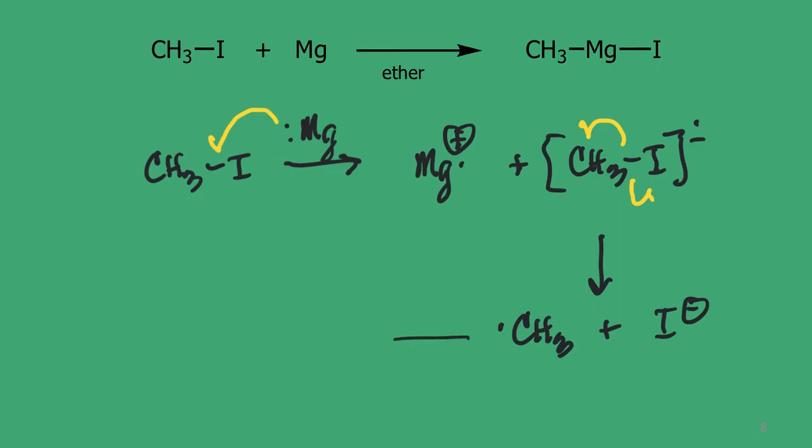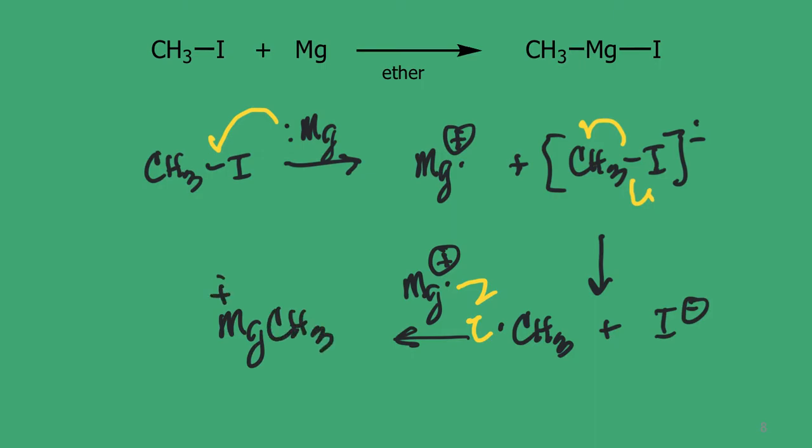That methyl radical combines with the magnesium we produced earlier, the cation. Again, this is a homolytic bond formation. And that produces a magnesium alkyl radical.